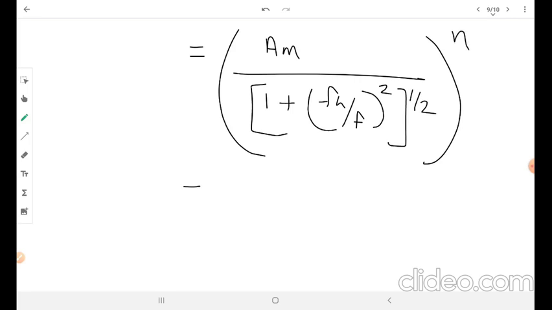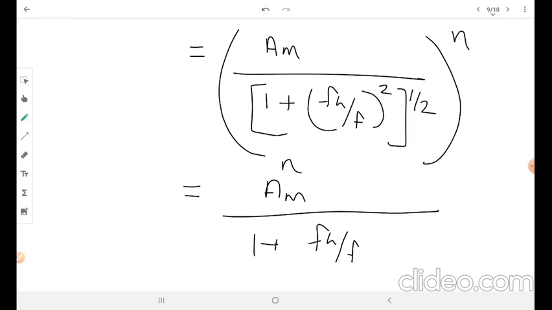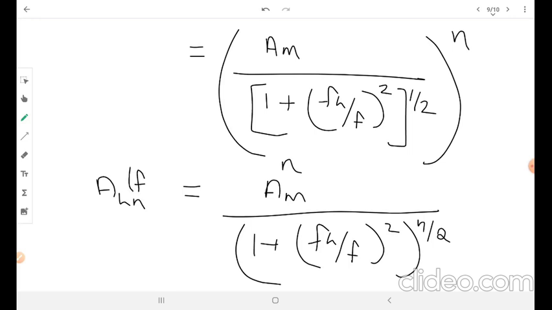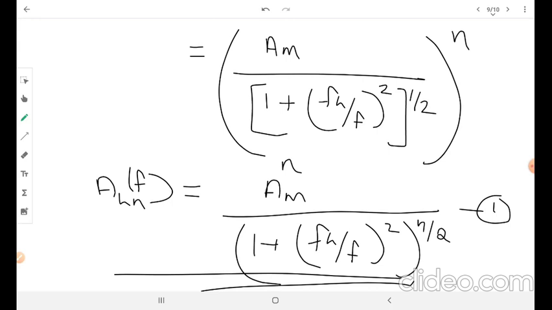So we can write AM raised to n divided by 1 plus FL by F all squared, all raised to n by 2. That is the gain at lower frequency for n stages. Let it be equation 1.